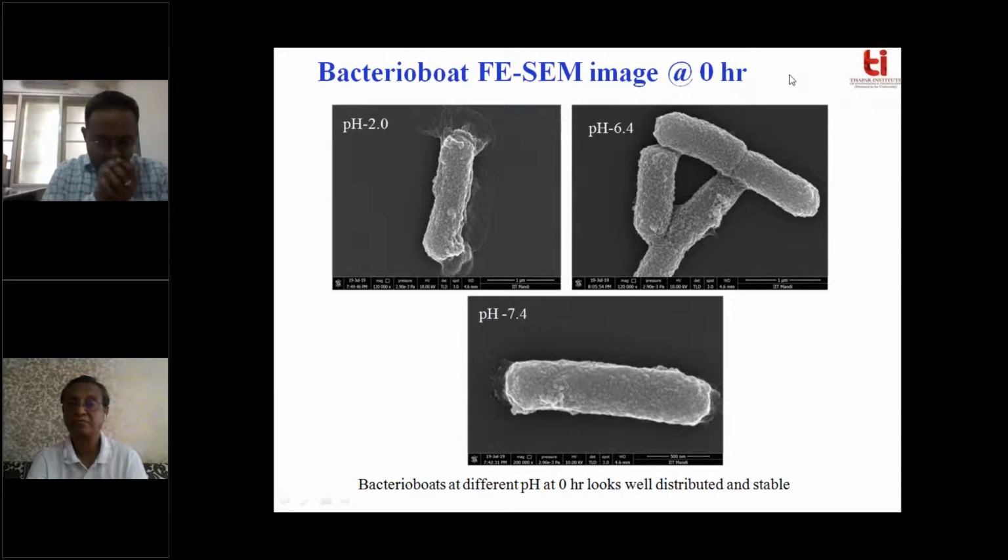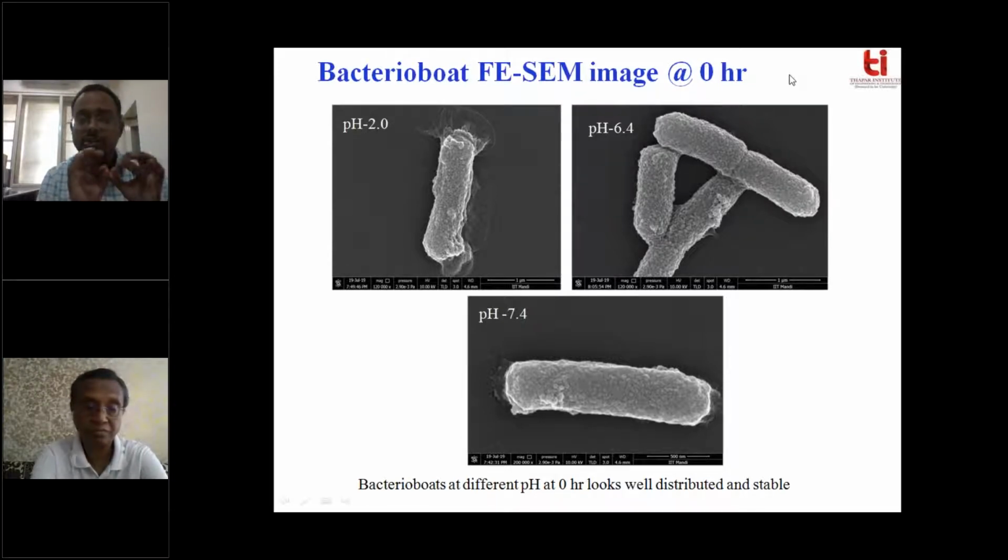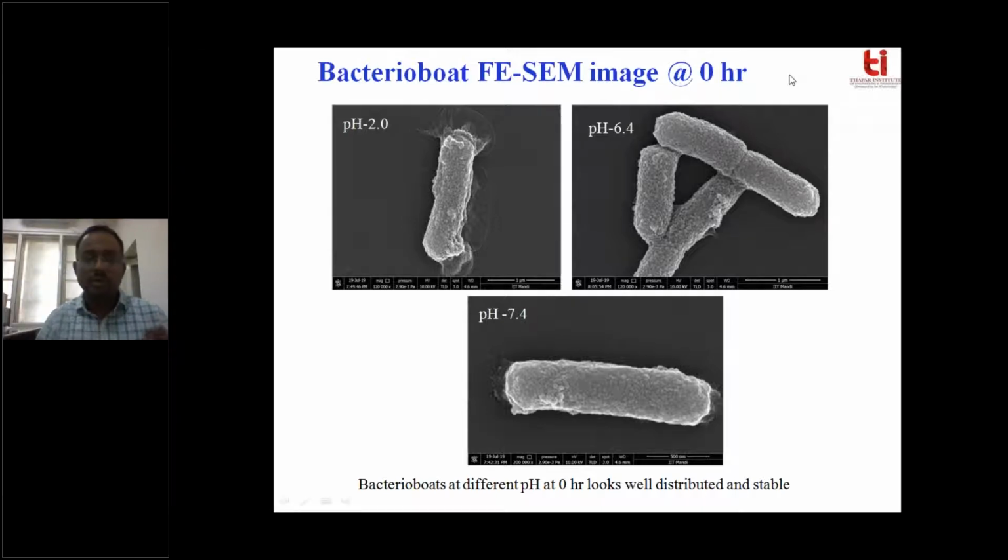So the next question is whether these particles are stable in different stomach and GI tract pH and environment. Now, the pH of the GI tract varies from pH 2 to pH 7.4.